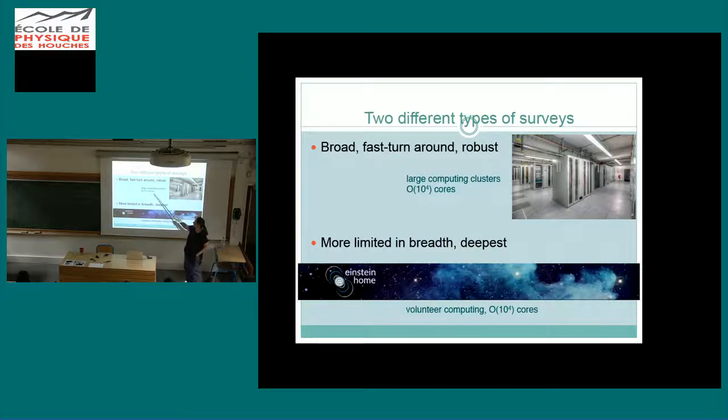And we're talking about several thousands of CPU cores. And the really computationally intensive ones require distributed volunteer computing projects like Einstein at Home, where we leverage, I think this number is wrong, where we leverage the computing power of hundreds of thousands of computers.